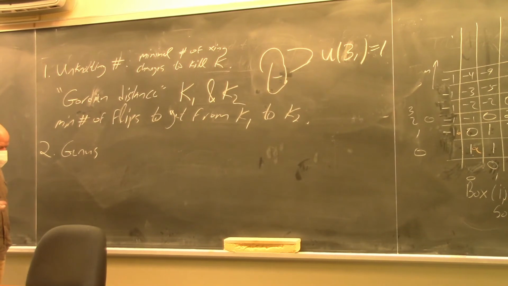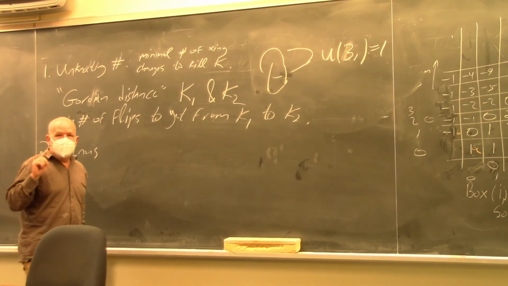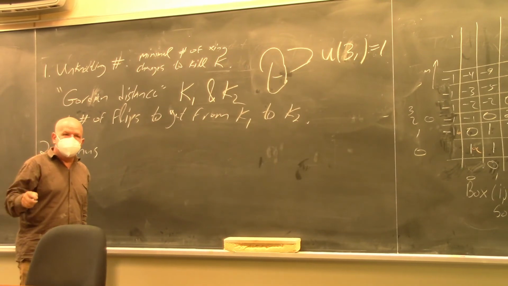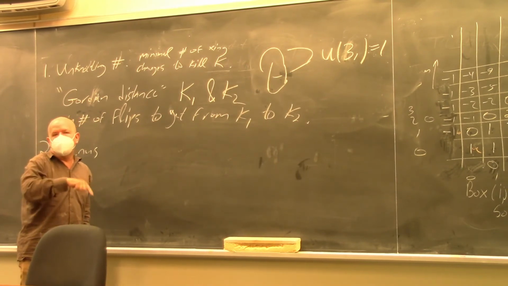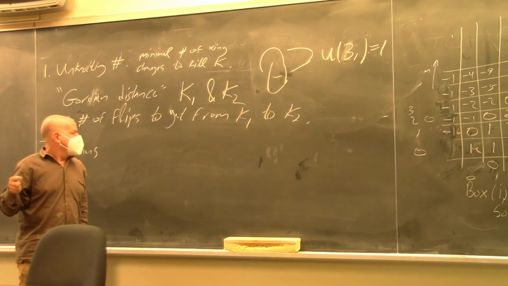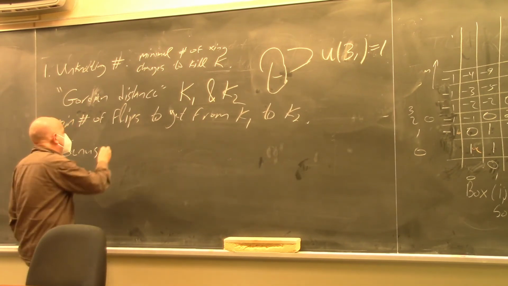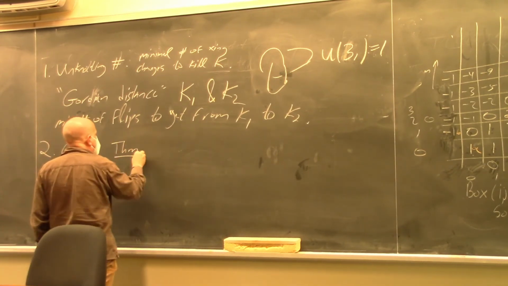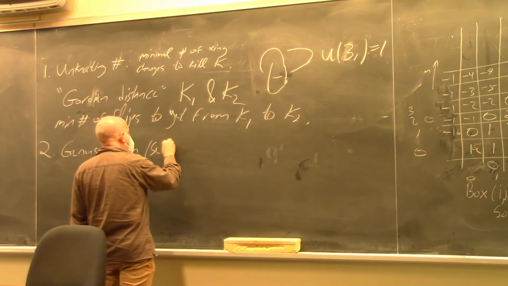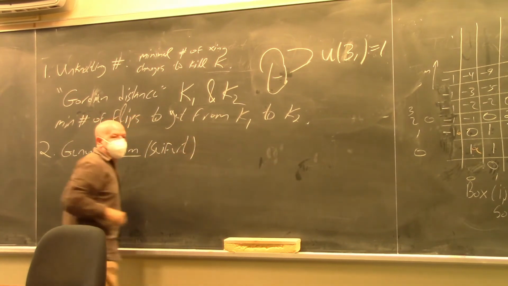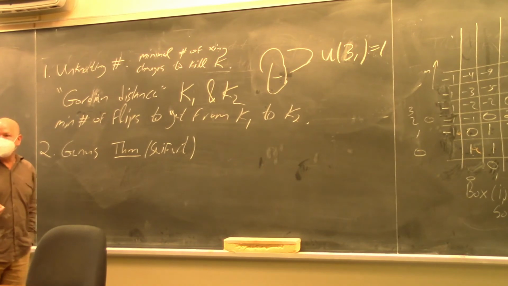So I mentioned to you earlier that some knots are the boundary of surfaces. In fact, there is a theorem, probably by Seifert, because the resulting surface is called a Seifert surface.